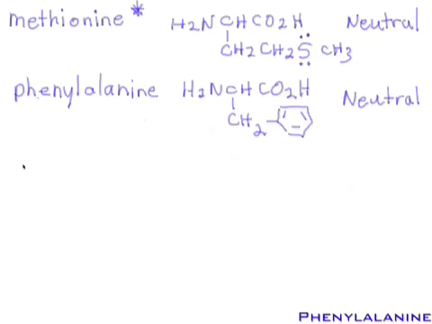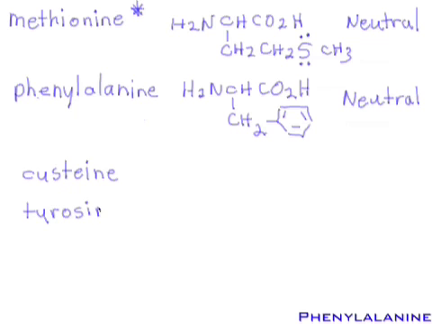Let's modify this, though, and look at what would happen if we just added an OH here. Well, in actual fact, we're going to hold off looking at that. In fact, let's draw the two I'm not going to look at until the end either: cysteine or tyrosine.